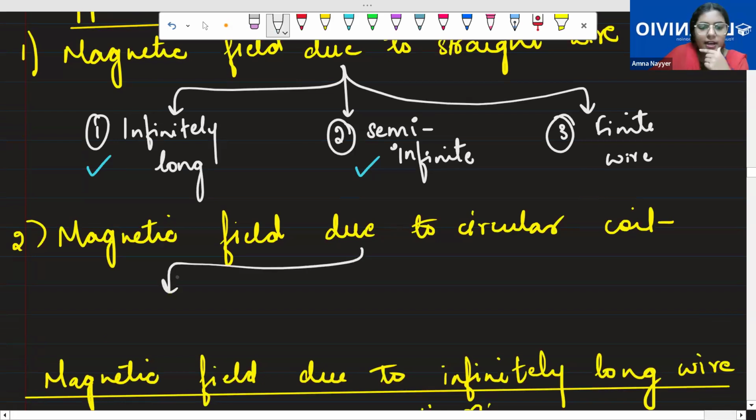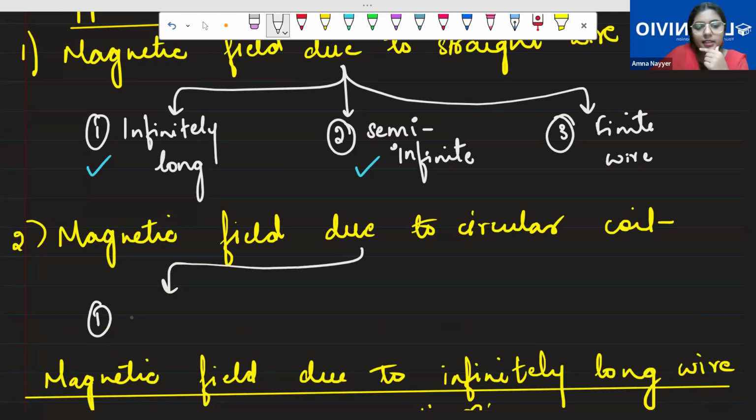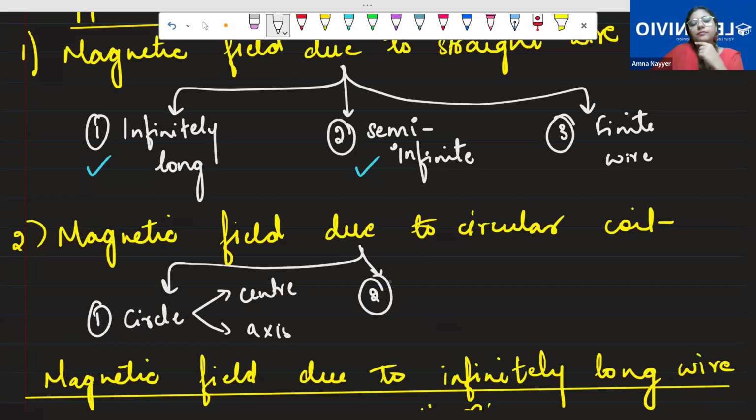For the circular wire, the first one is if the figure given is a circle, a direct circle. There are two possibilities here: if you calculate it at the center of the circle, or on the axis of the circle. Then you have the second one as a semicircle.